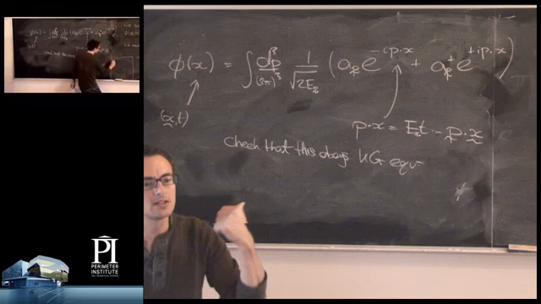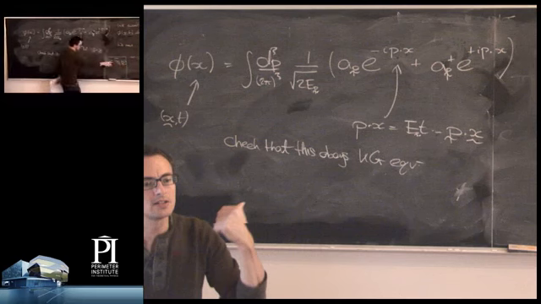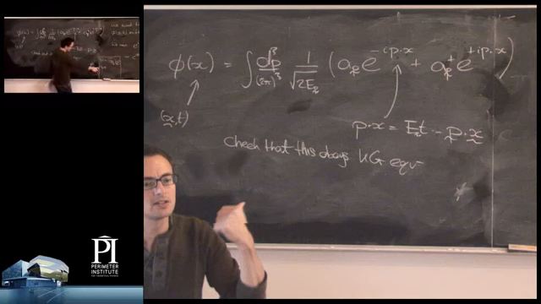But remember that the difference between this and this is some relativistic normalization factor. Some people define a similar object, a_p, which, when acting on the vacuum, will create this with this normalization.